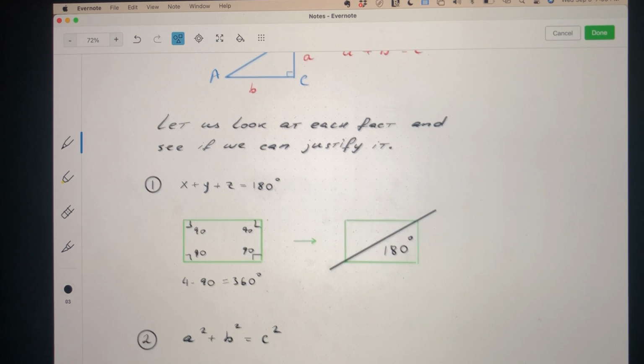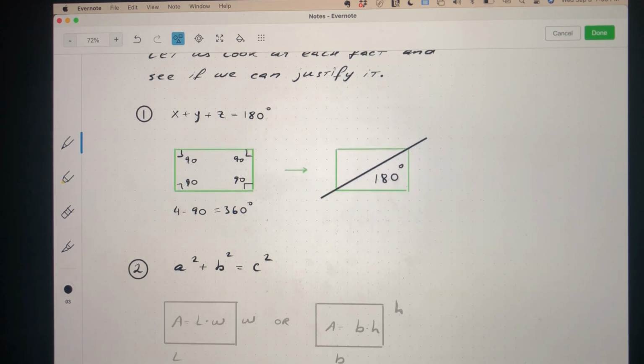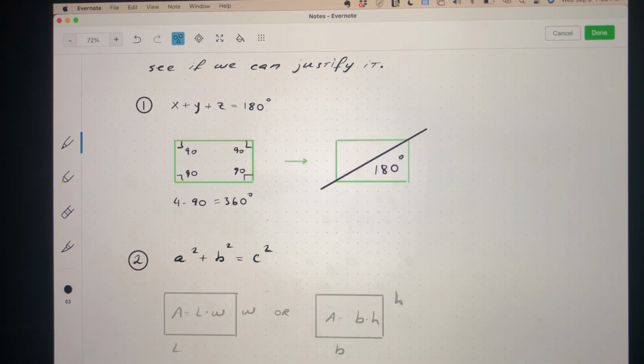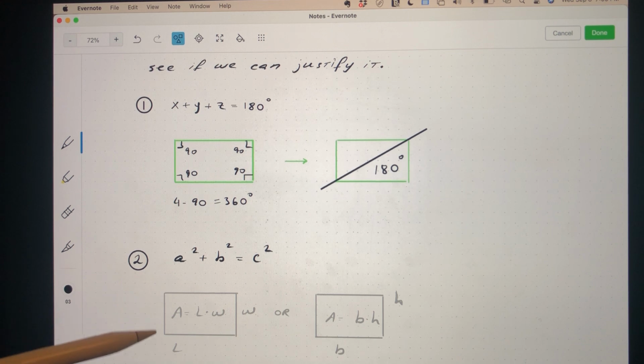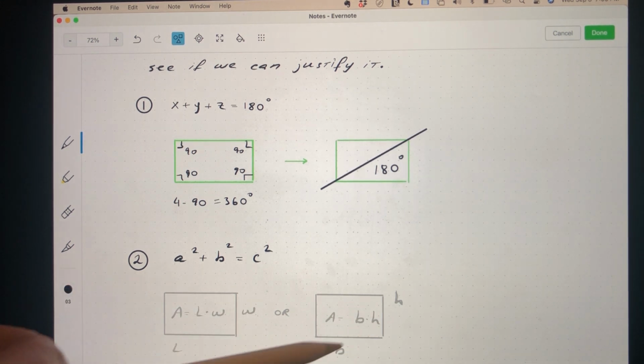Now, for the Pythagorean theorem, we need to remember that the area of any box is length times width. So if we have the box that has right angles, then the area is length times width, or base times height, depends on how we name our sides.